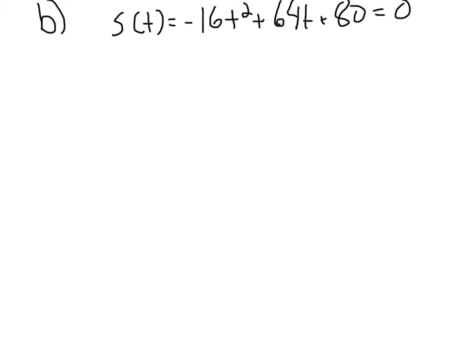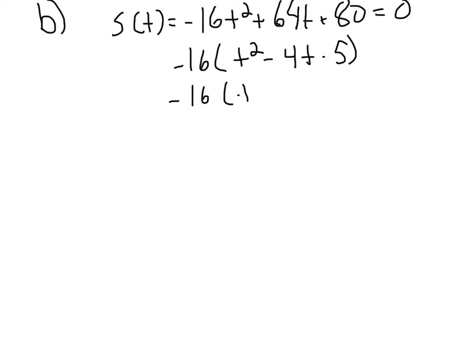I'm going to factor out a negative 16, and I'm going to be left with t squared minus 4t minus 5. So negative 16 times t minus 5 times t plus 1. So the ball hits the ground when t equals 5.